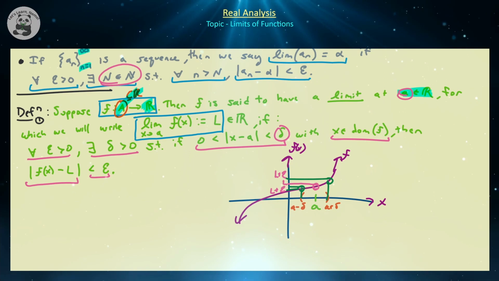As this interval in orange gets arbitrarily closer to a, this vertical interval in green is going to get arbitrarily close to L. And if we squeeze this distance between our domain value and the domain limiting value to be closer and closer to 0, then if f(x) has a limit equal to L when x is equal to a, that distance should also get arbitrarily small.